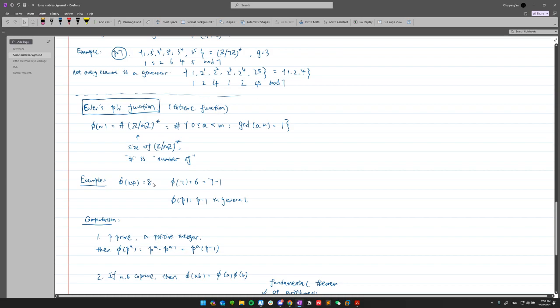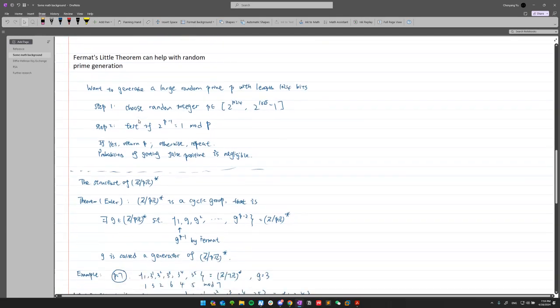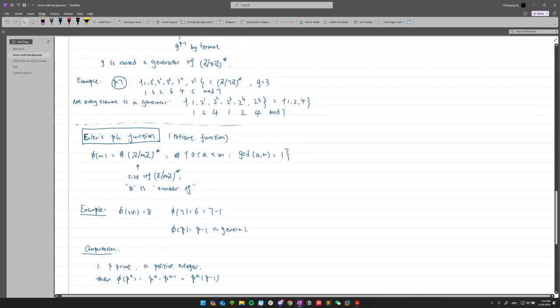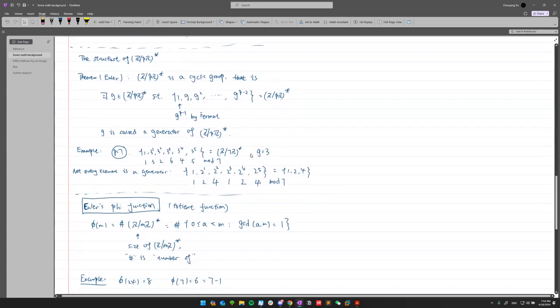So for example, we can compute phi of 24 equals 8. I think we did it somewhere above, okay? I think here, right? There are 8 elements. So phi of this unit group is 8. You can see 8 elements here.